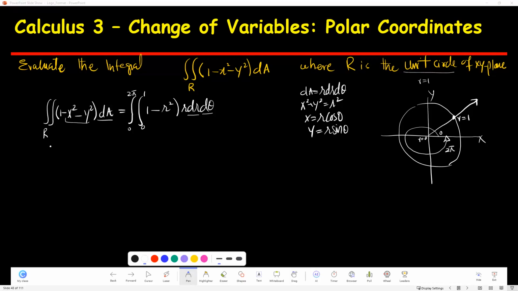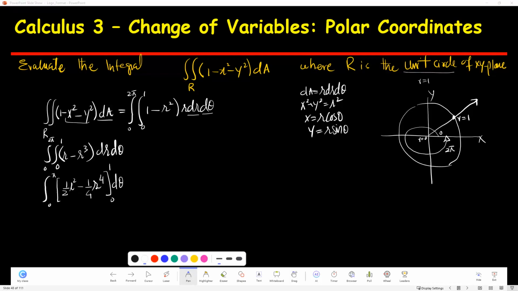So I'm going to write r minus r cubed dr d theta. And it's going to be 1 over 2 r squared minus 1 over 4 r to the fourth, d theta.